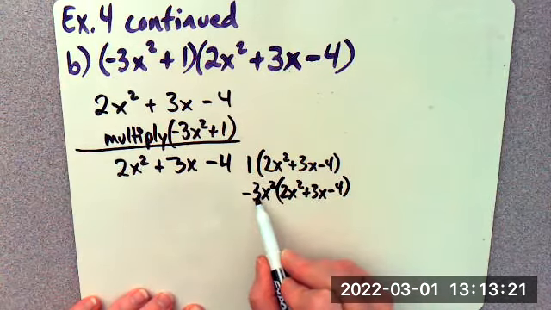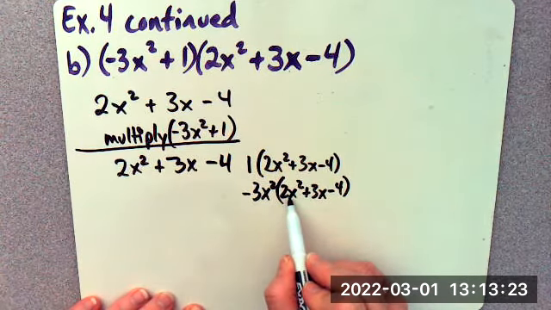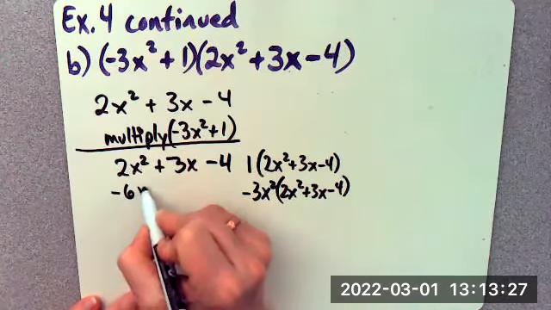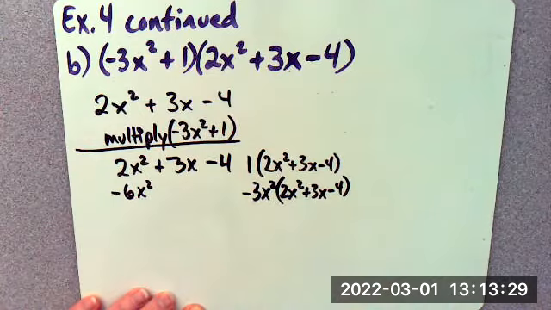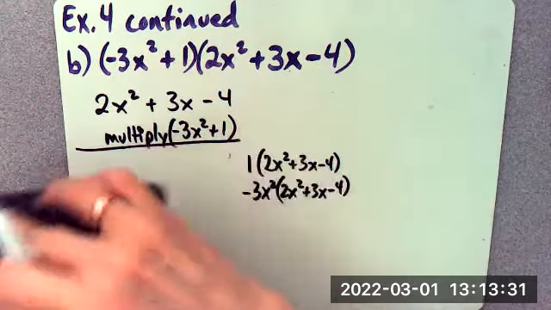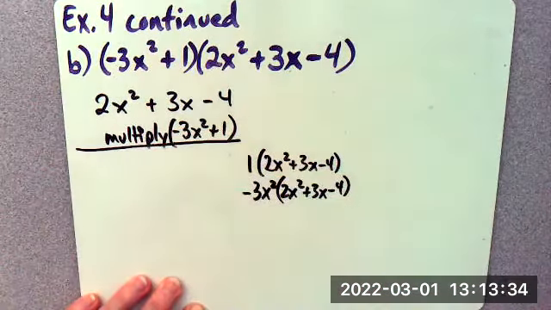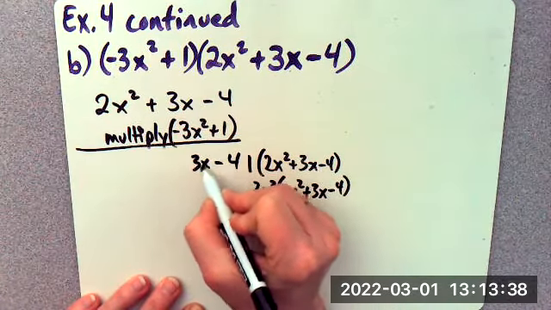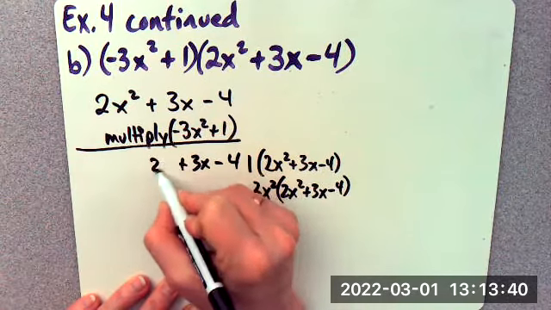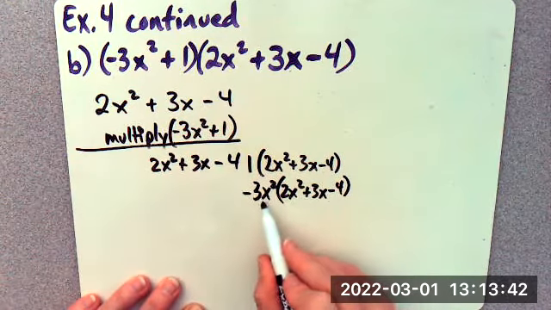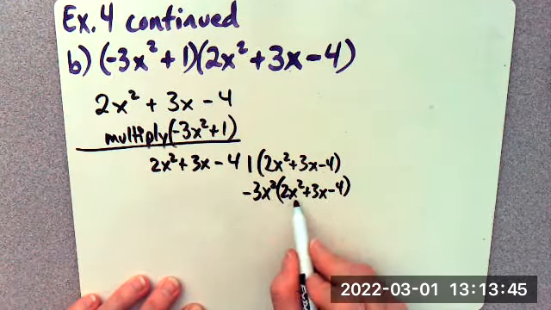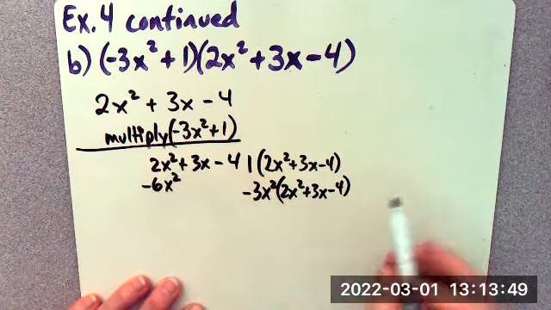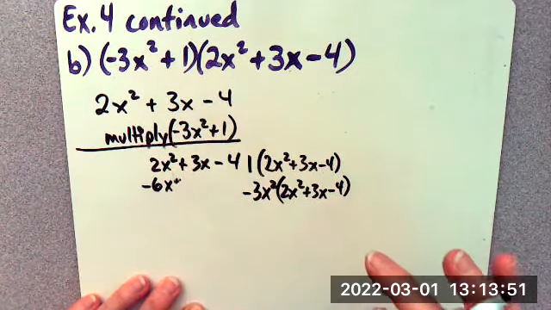So we have negative 3x squared times 2x squared is negative 6x squared. So we have to move way over here. In fact, I think I'm going to move everything over just to make sure I have lots of room. Okay, so negative 3x squared times 2x squared is negative 6x to the 4th.